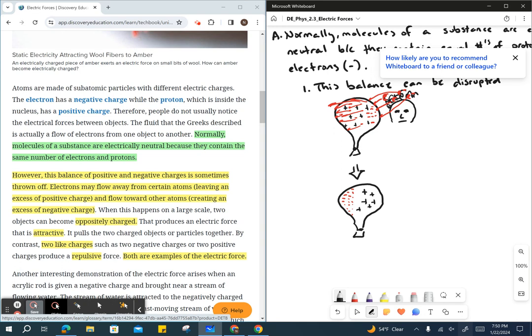Okay. And now this balloon, you basically produce something that looks like a magnet. This is now polar. It has been polarized.